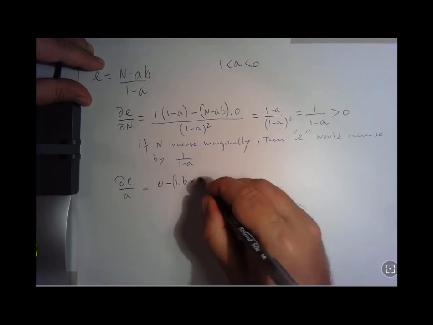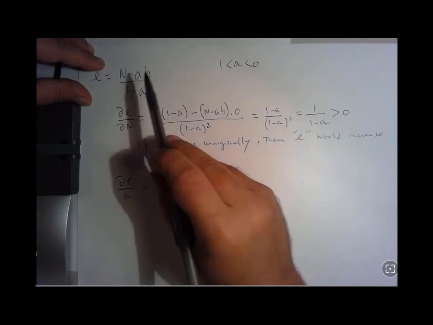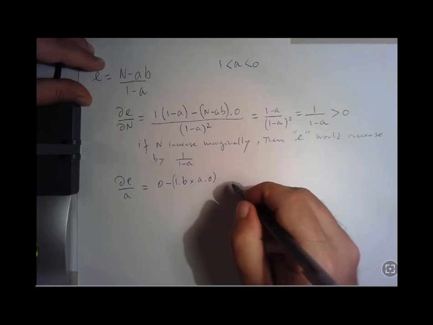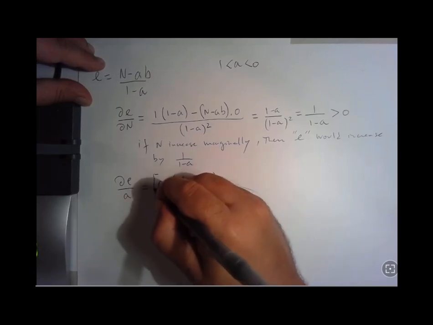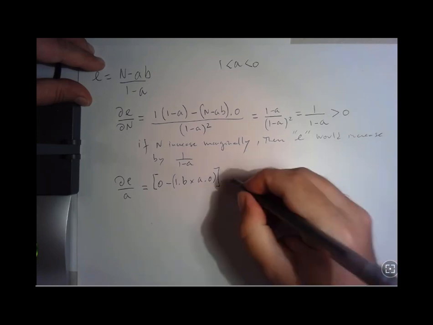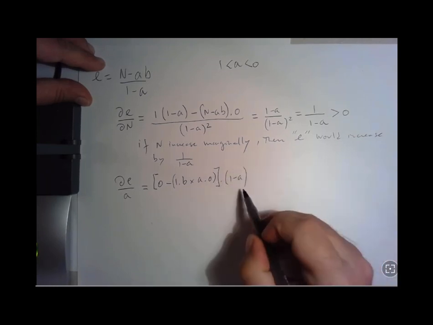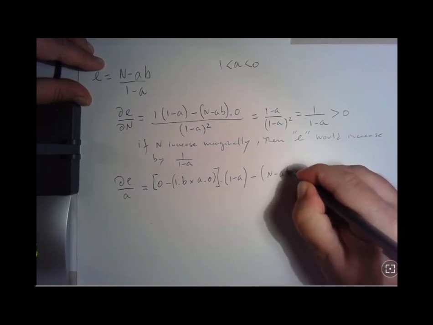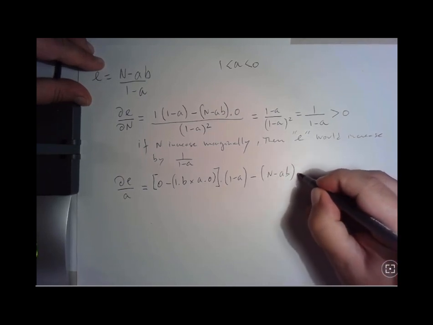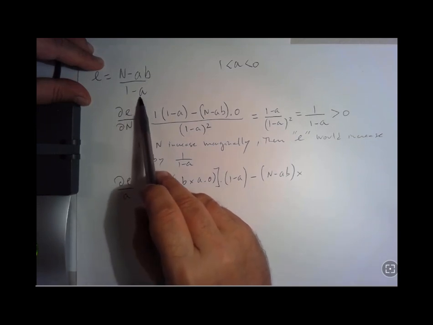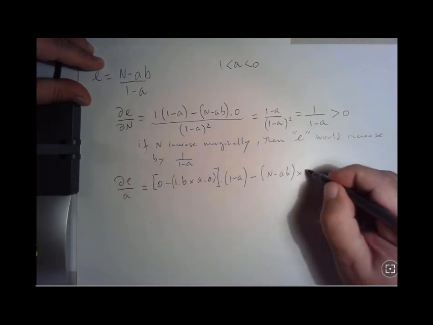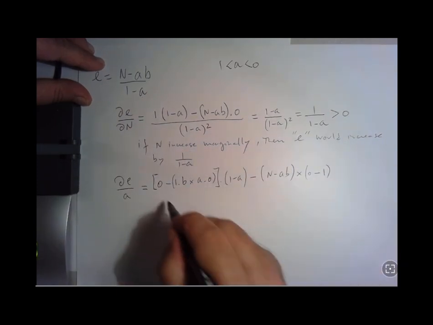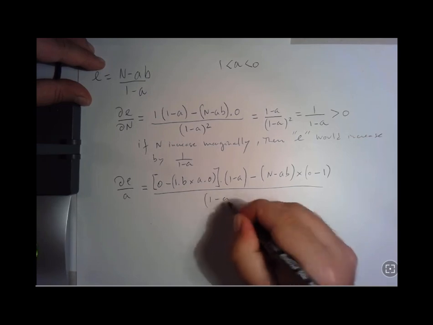And then plus A times the derivative of B with respect to A, which is 0. So that's what's going to be on the top. First, multiplying by what is at the denominator, minus what is on the top times the derivative of what is in the denominator. So the derivative of 1 is 0 and the derivative of A is 1, divided by 1 minus A squared.